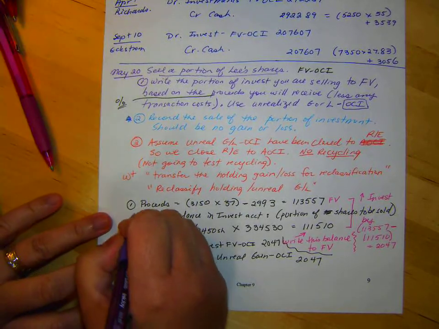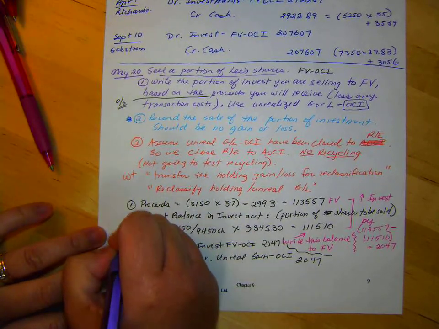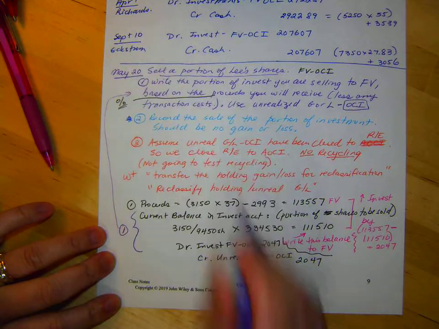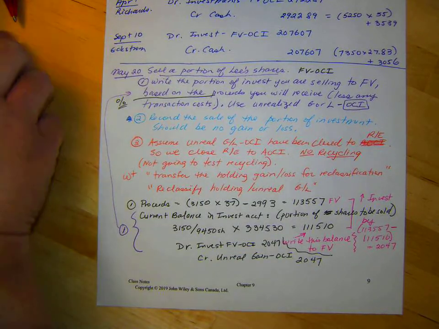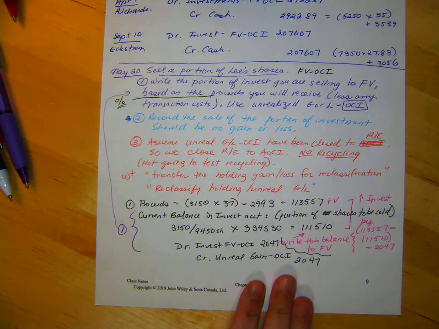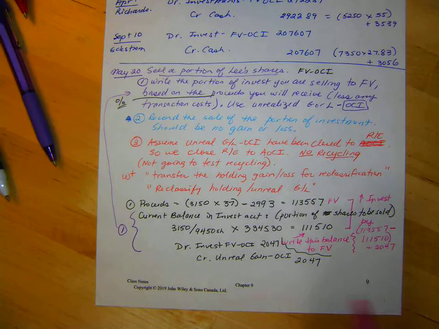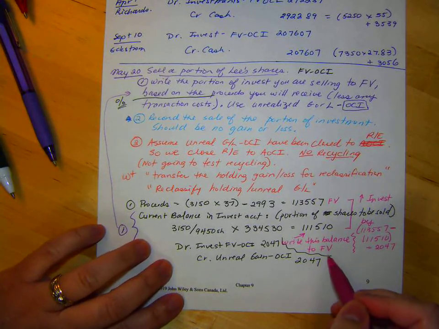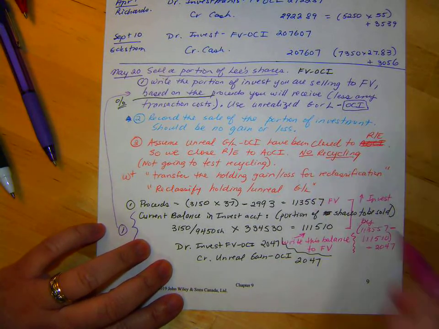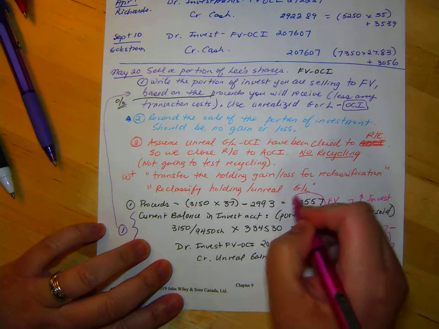Sorry, I meant to color code that. So that's step 1 from up there. Okay, so we've now marked our investment in Lee, what we're going to sell of it, up to here.